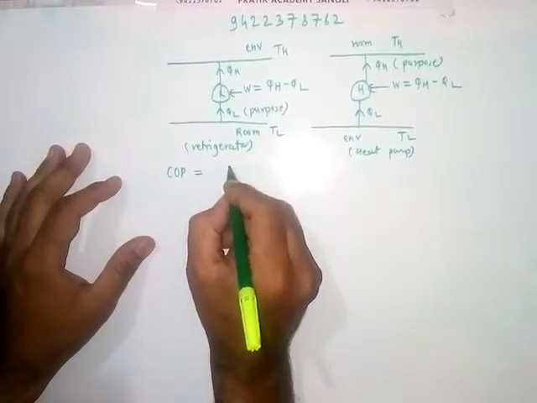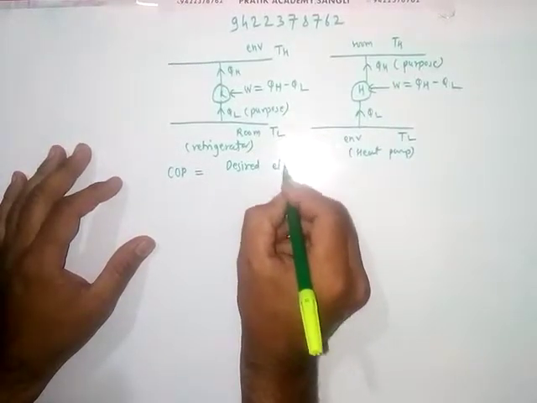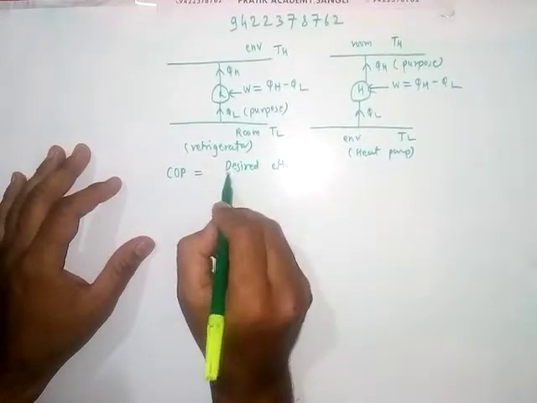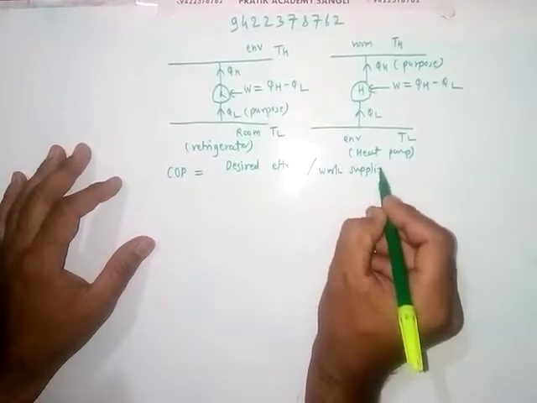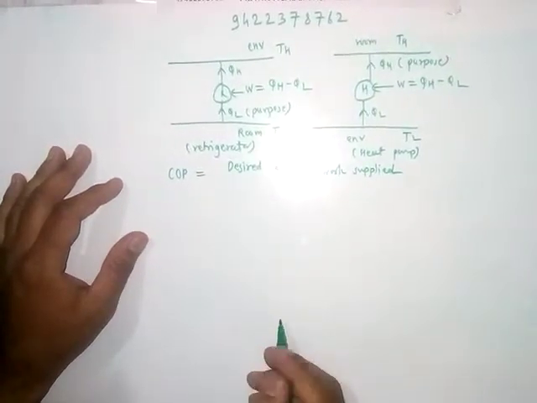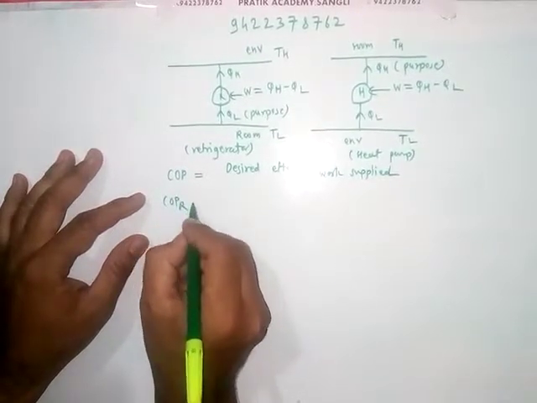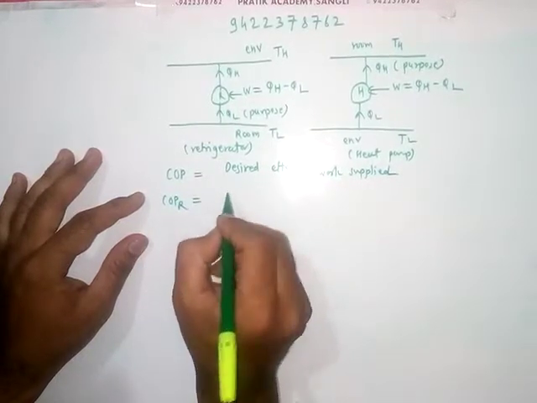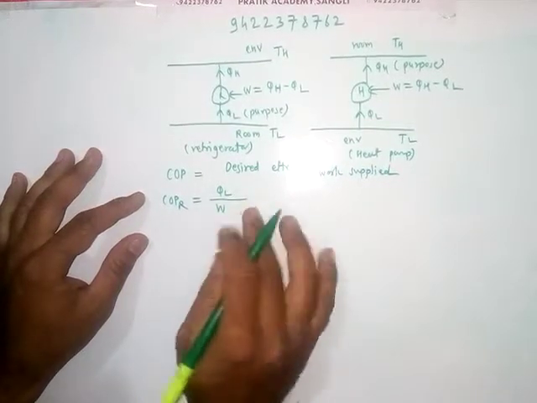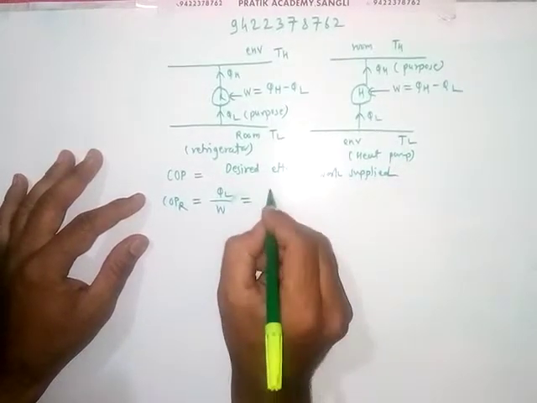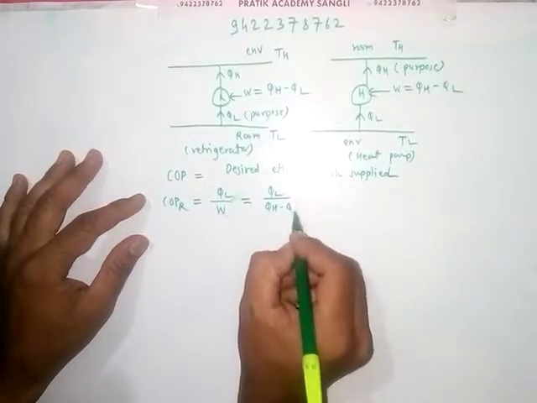This is defined as the ratio of the desired effect or required effect upon work supplied. If we apply this definition for the refrigerator, COPR, the desired effect is to remove heat, which is QL, upon work done, W. Then it changes to QL upon QH minus QL.